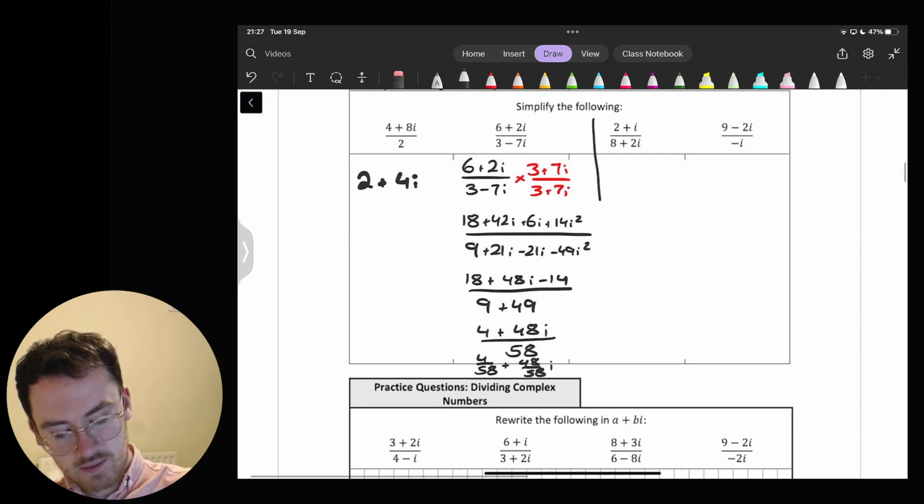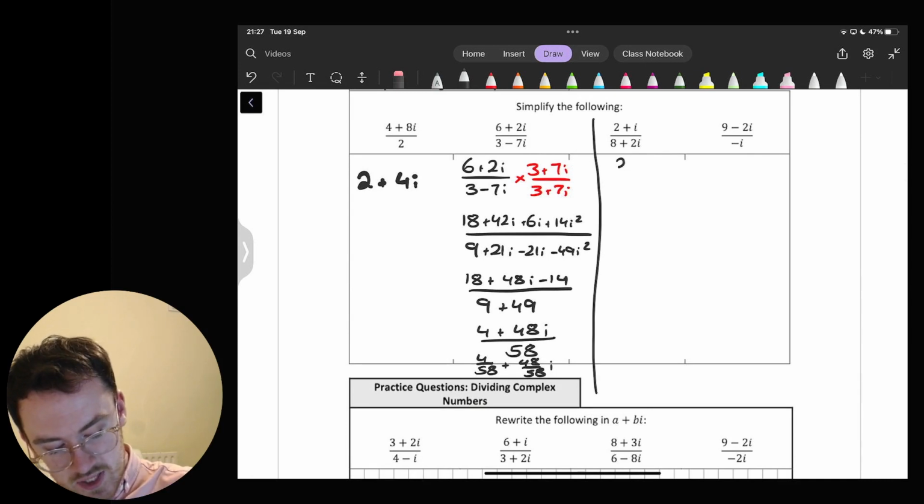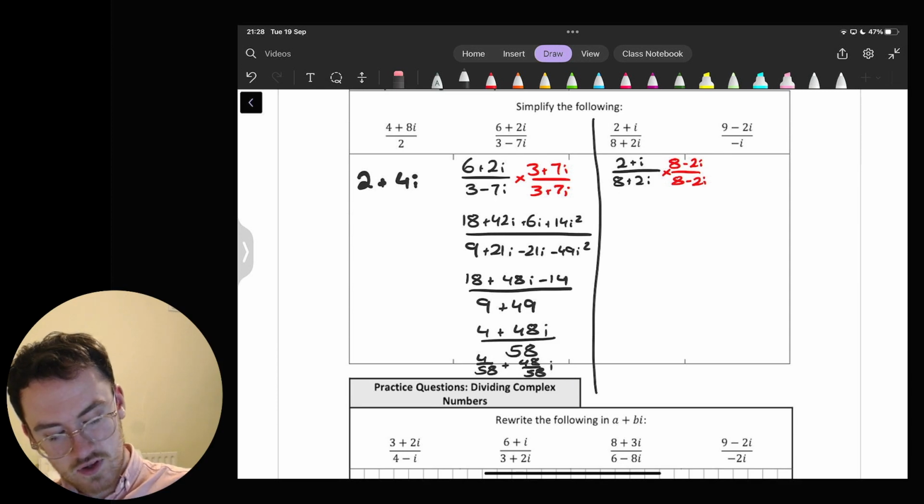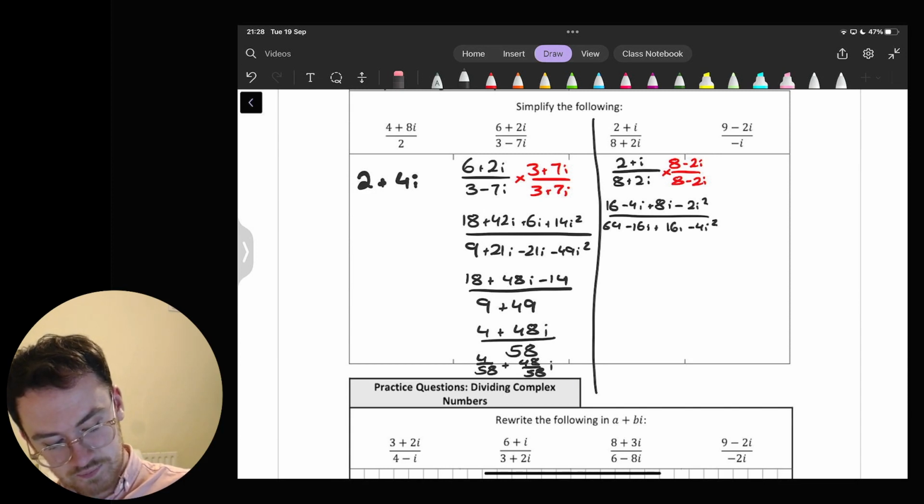Okay, same thing applies with this second example here, 2 plus i over 8 plus 2i. We would multiply top and bottom by the complex conjugate of the bottom part, 8 minus 2i. Following that through, 16 minus 4i plus 8i minus 2i squared over 64 minus 16i plus 16i minus 4i squared.